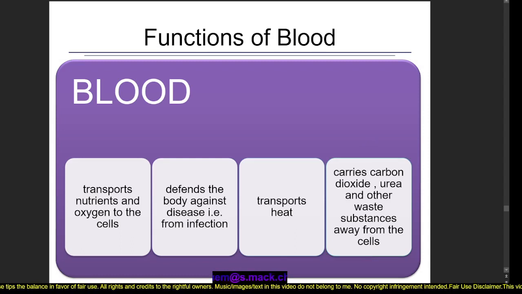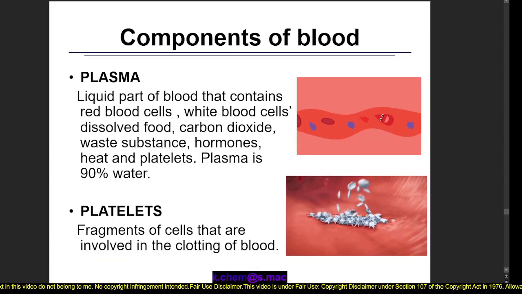In my next slide, we are going to look at two of the components of blood and their functions, and you're going to be able to see that some of the functions performed by these components we generalize as the functions of blood. So for example, we have a substance which is called plasma.